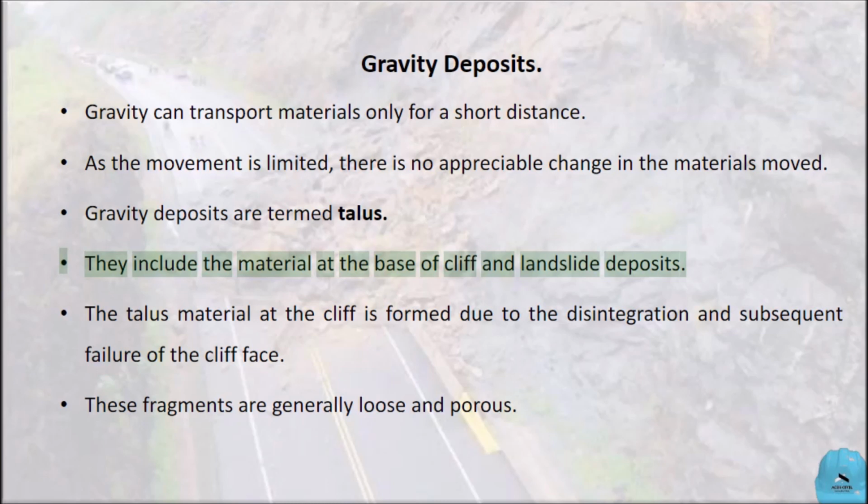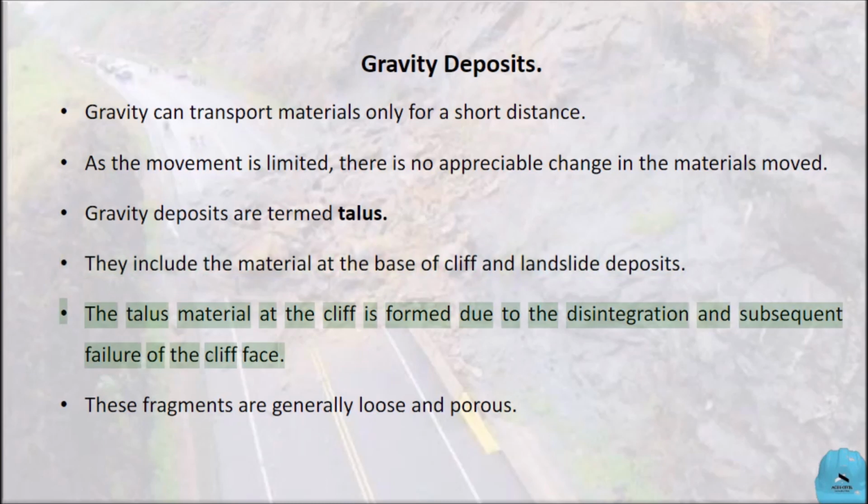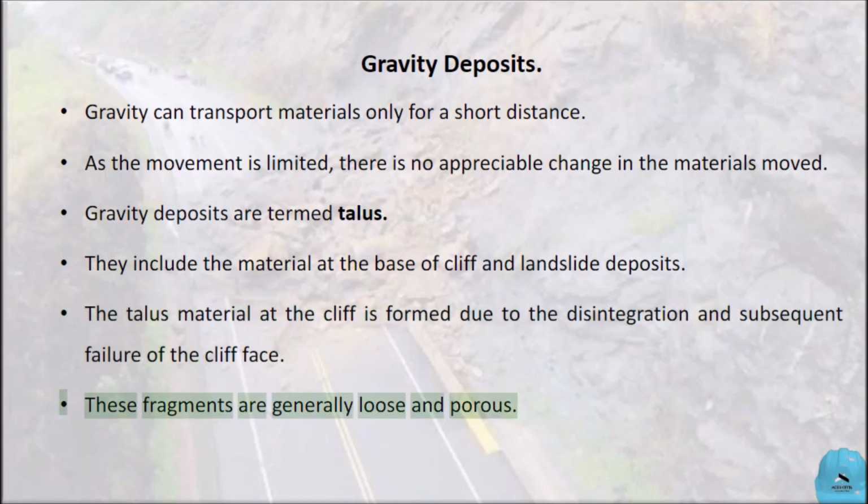They include the material at the base of cliffs and landslide deposits. The talus material at the cliff is formed due to the disintegration and subsequent failure of the cliff face. These fragments are generally loose and porous.